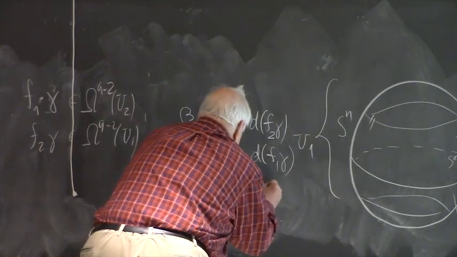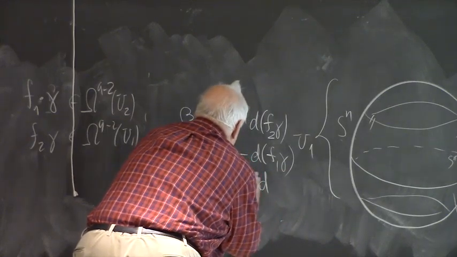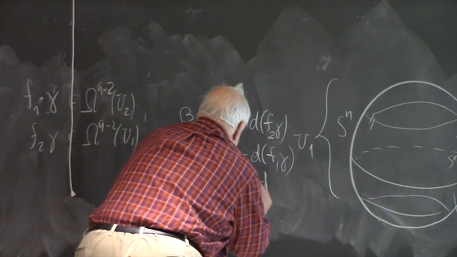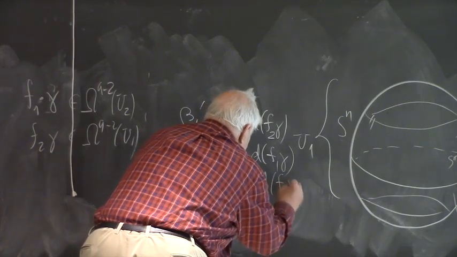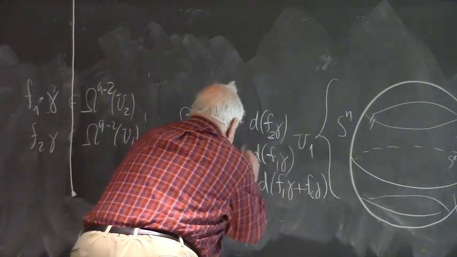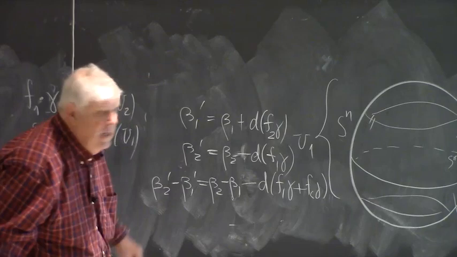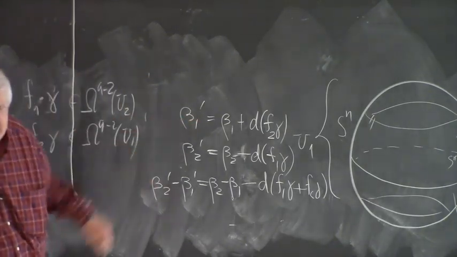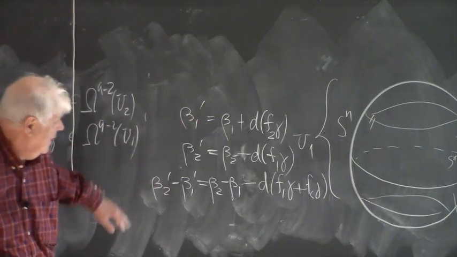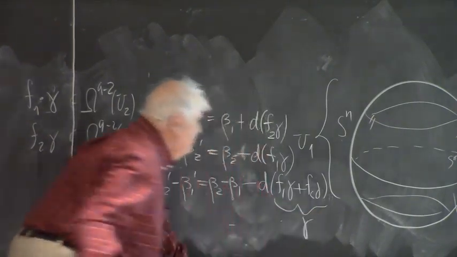plus the differential or minus the differential of f1 gamma plus f2 gamma. For this purpose, I need to have plus here, right? Yes. So correction, plus there. This is gamma because f1 plus f2 is 1.